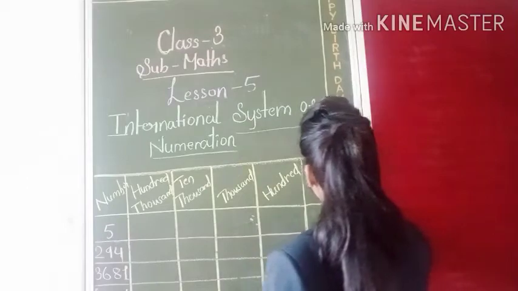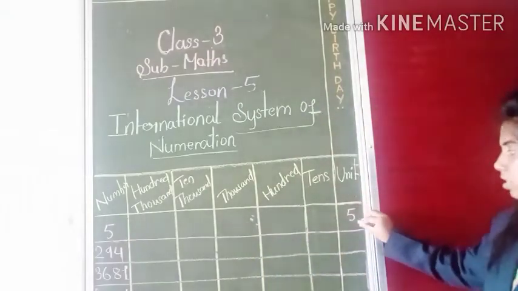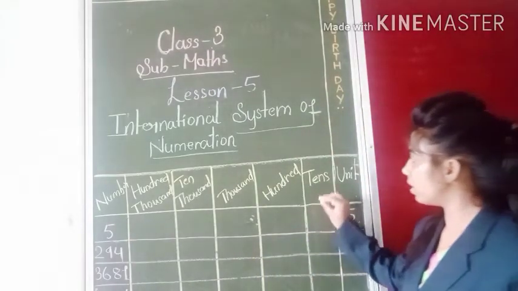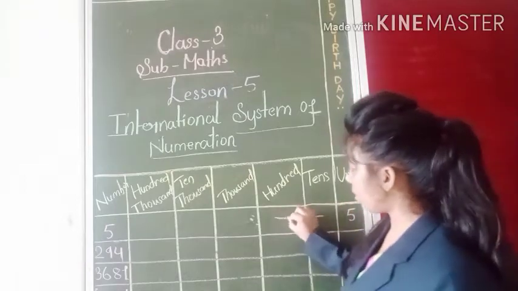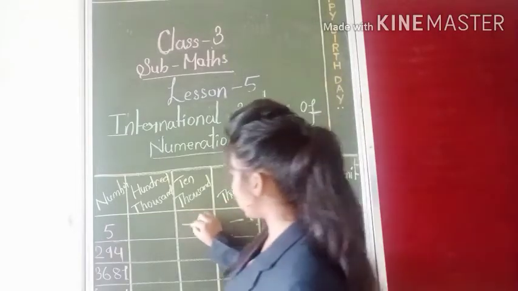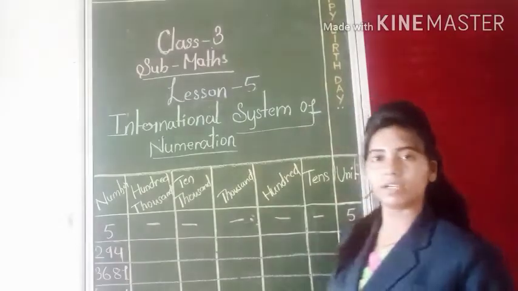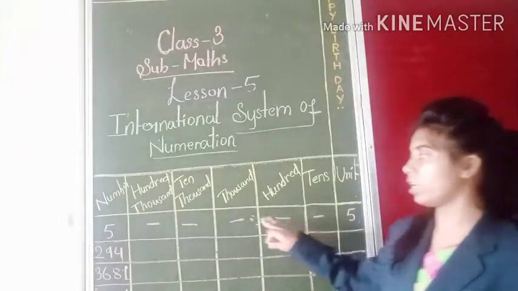We write 5 in the units part. Tens, hundreds, and thousands have nothing, so dash and dash, because there is no digit in these parts.